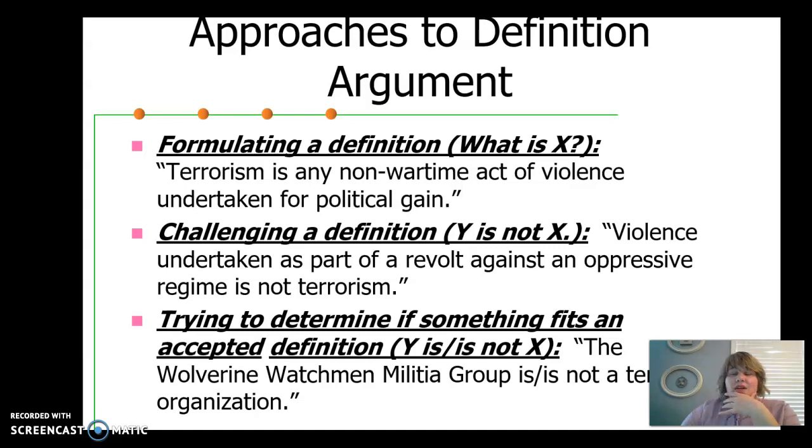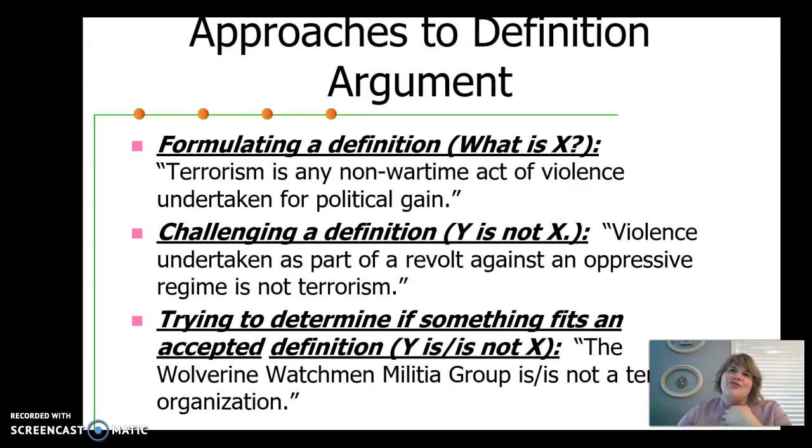So we have a lot of protests and riots that have been happening, and some people classify those as terrorism. And then other people have classified the acts of police brutality as terrorism.